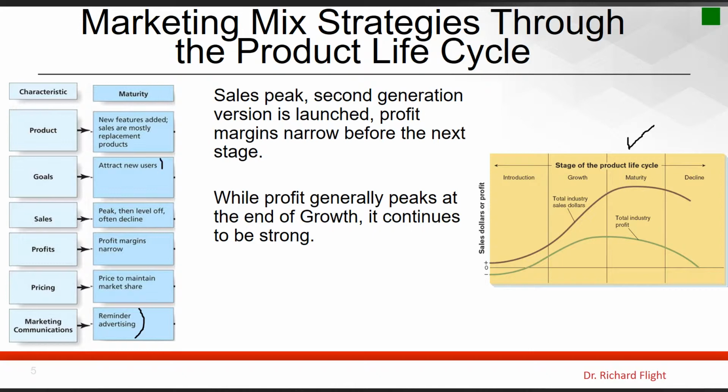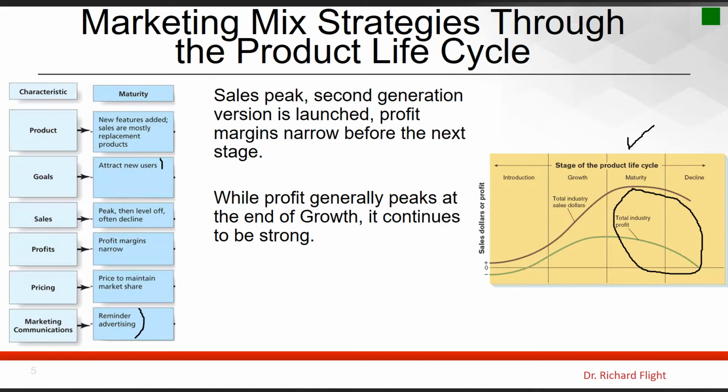Remember, in the maturity stage, there's still a huge percentage of the market that has not bought your product or service yet. So if you think about it, you're still talking at probably 50–60% of the market that still has not bought yet or used your product. So there's no reason to abandon your product or the marketplace just because the product's in maturity.